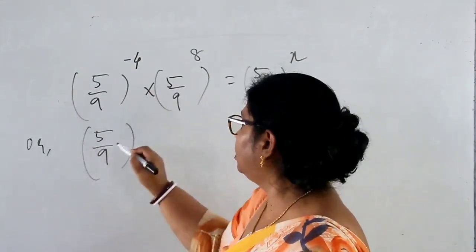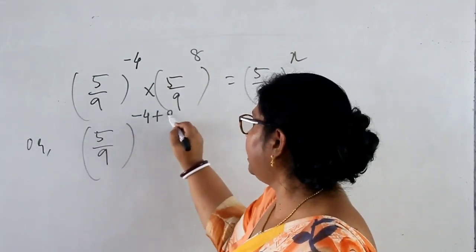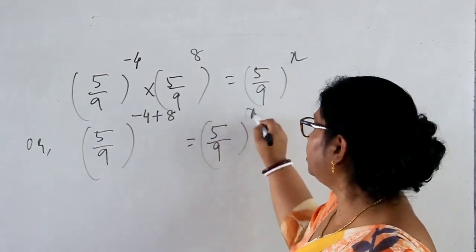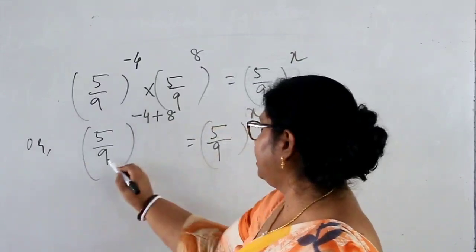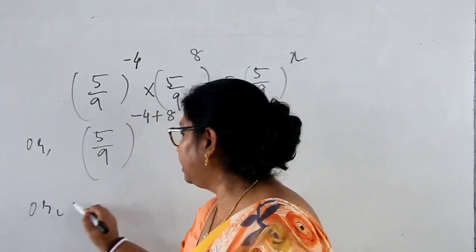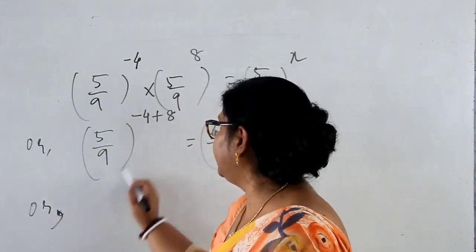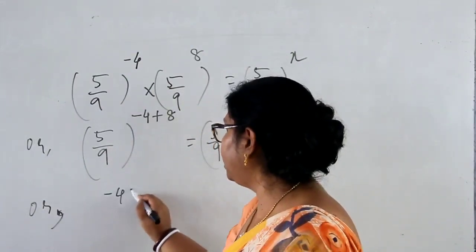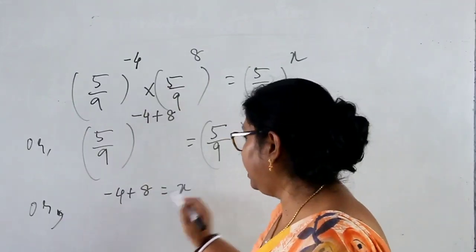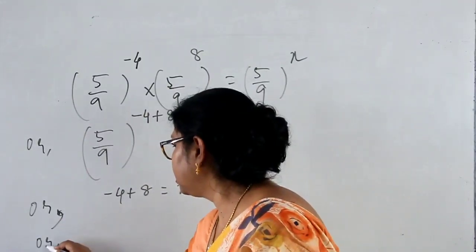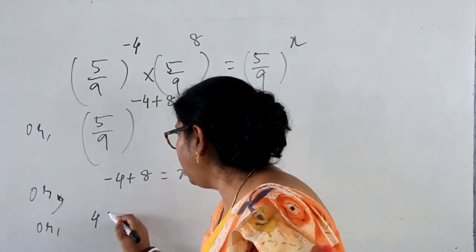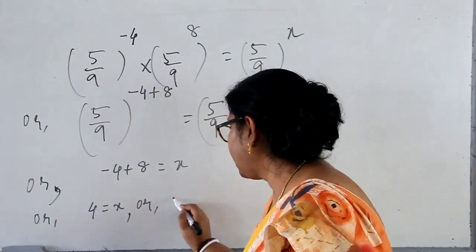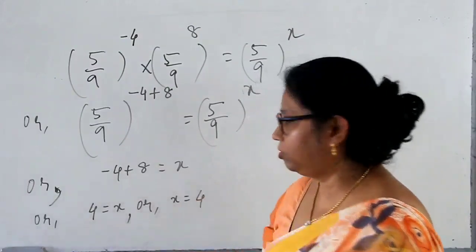So 5 by 9 whole to the power minus 4 plus 8 is equal to 5 by 9 whole to the power x. As base is equal, so we can now directly equalize the powers. So minus 4 plus 8 is equal to x, or we can have 4 equals to x, or we can write it as x equals to 4.